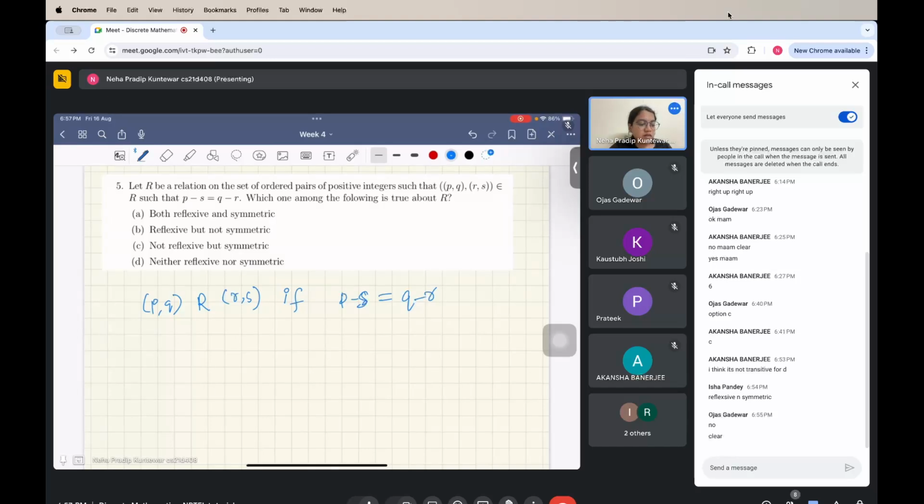So the question is, what can you say about reflexivity, symmetry, properties of this relation? Ma'am, I don't think this relation can be reflexive. Okay. Yes, good.